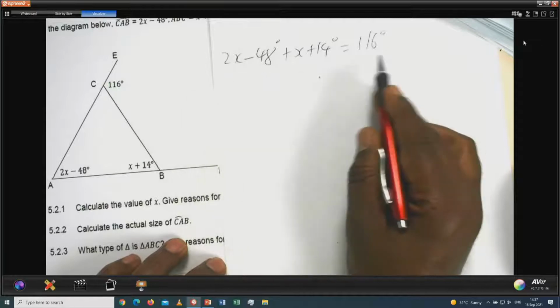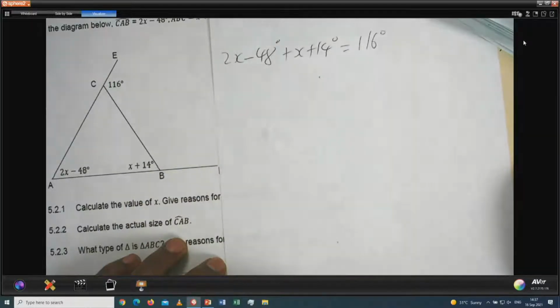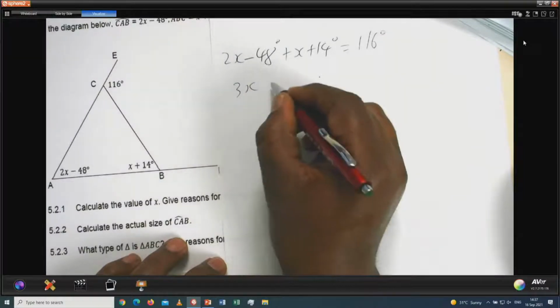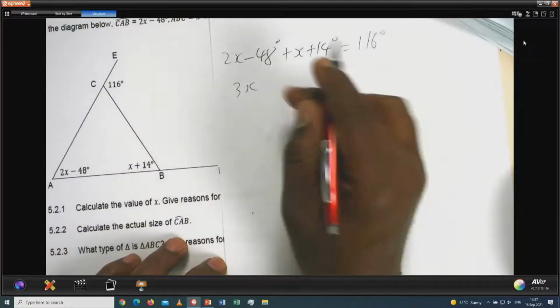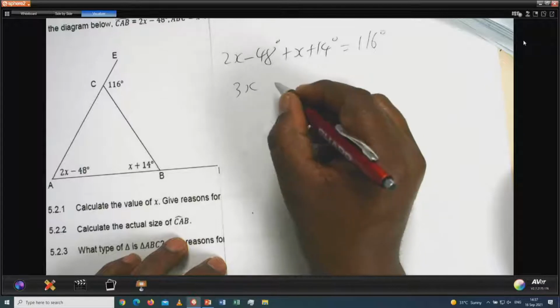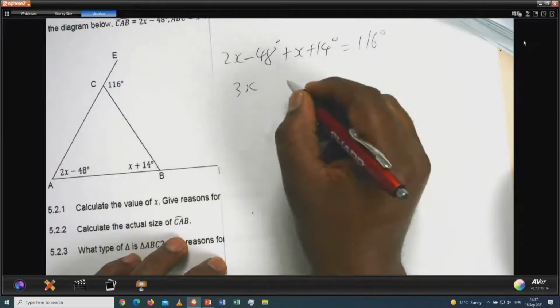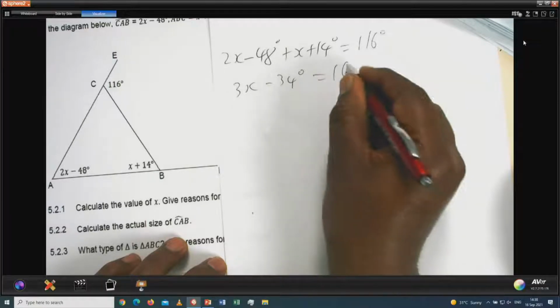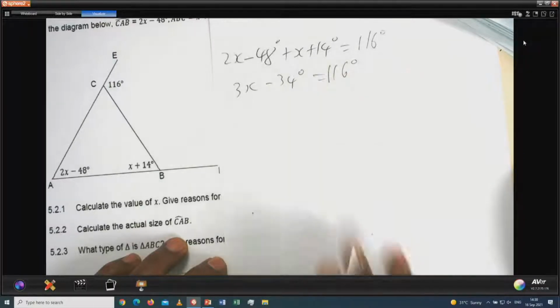Exterior angle equals to 2 interior opposite. Therefore, your like terms is 3x, and then positive on the negative takes it down to 34 degrees, equals to 116 degrees.